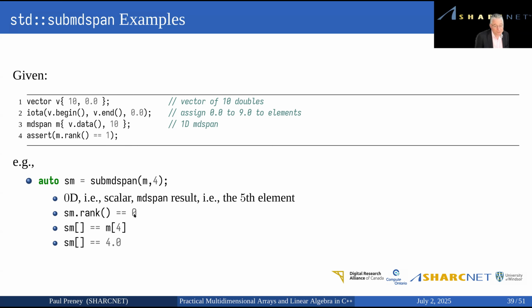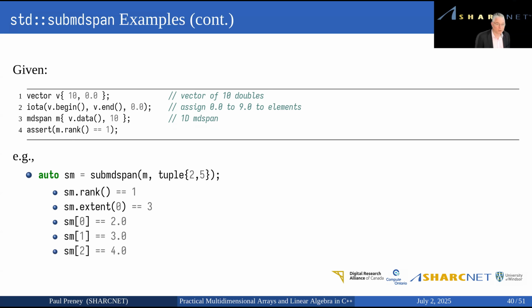The rank will be 0, and if you access that, it'll give you 1 value. It's equivalent to accessing the mdspan m with 4, but it's all offset to the view of it. submdspan just returns another mdspan that looks like it's the whole thing, but it isn't, of course.